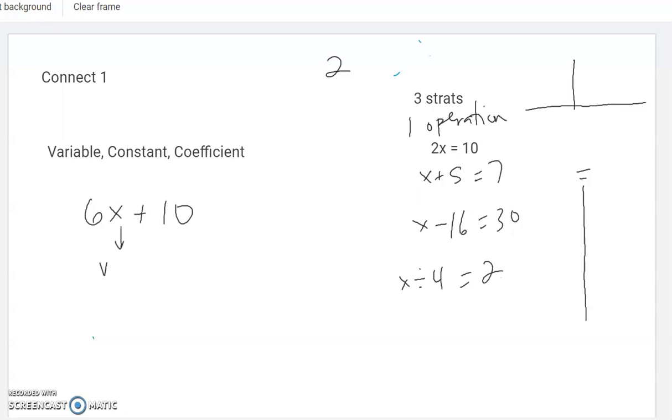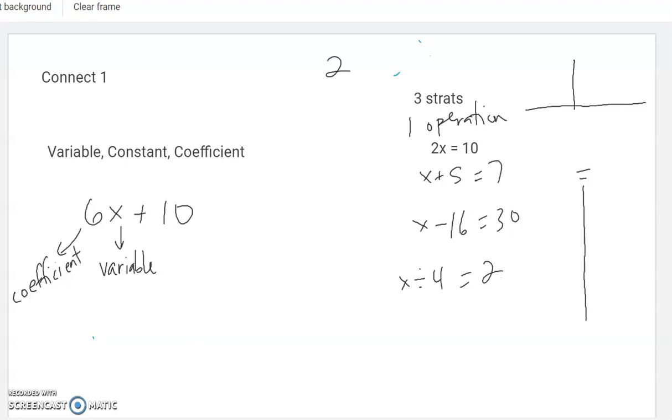This one we talked about in the first four levels. This is called a variable. It's an unknown value. The number multiplied by the variable, or how many of the variable we have, that is called a coefficient. So we would say that 6 is the coefficient of x, or coefficient of the variable in this case.